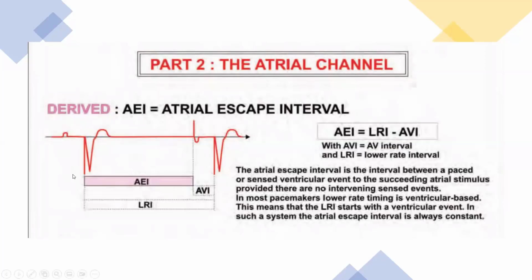So the atrial escape interval, or VA interval, is the time it will wait from the ventricular event until it paces the atrium if no atrial events occur. And we can't control this interval directly. It's just the difference between the lower rate interval and the AV interval. If I want to change it, I must change one of those.